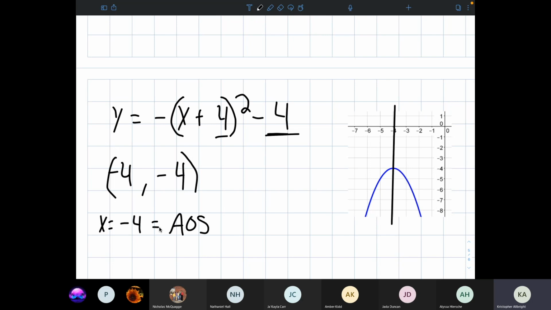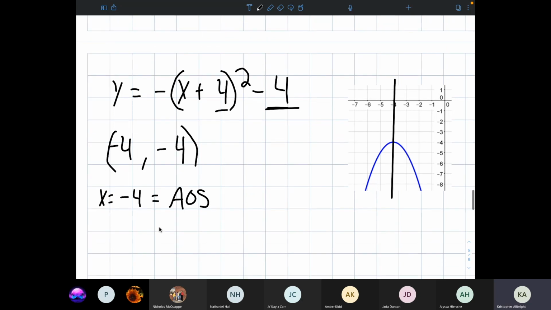Domain and range. Domain is how far left and right the graph goes, and range is how far up and down it goes. Left and right, this is going to go infinitely far left and infinitely far right. It's just going to do it very, very slowly. Is it a negative? It is negative for your domain. It is -infinity to infinity.